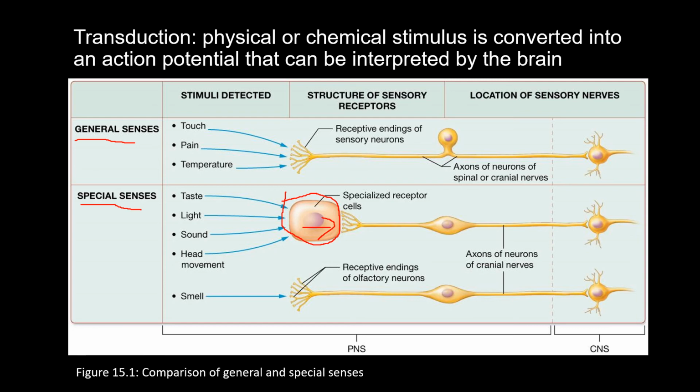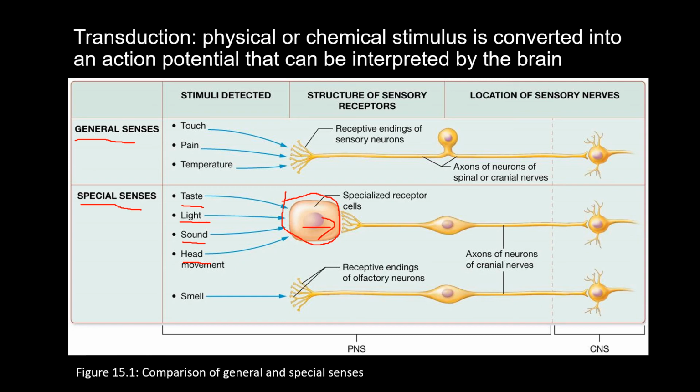That is different from these specialized cells. These specialized cells have to convert that signal from, let's say, chemicals that produce taste, light waves that end up producing sight, sound waves producing sound, or the movement of your head producing a disturbance in fluid.